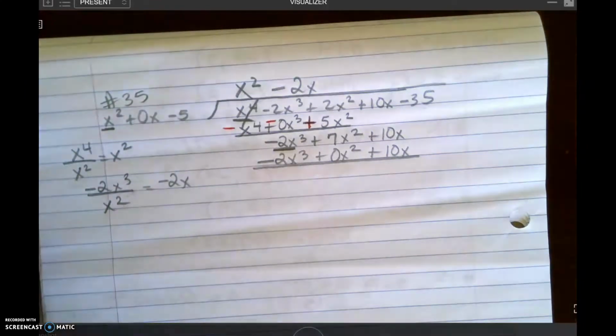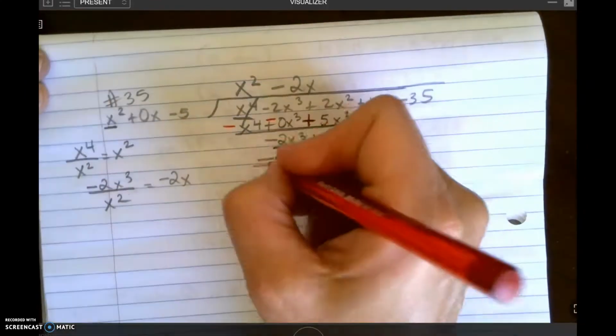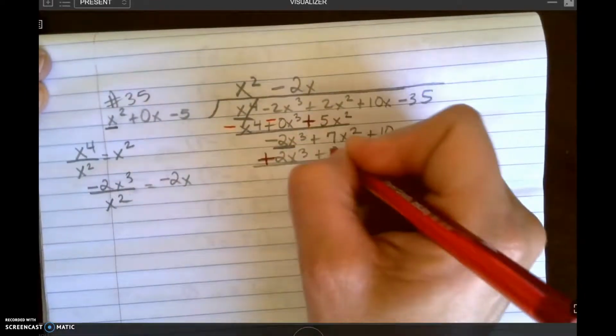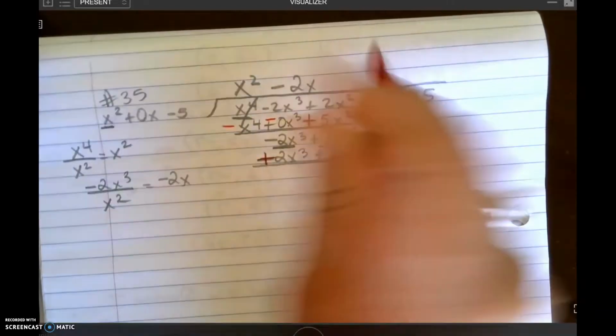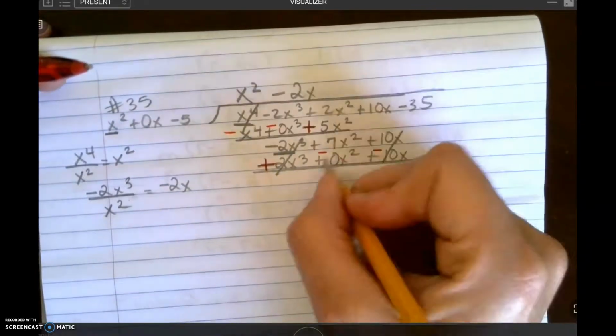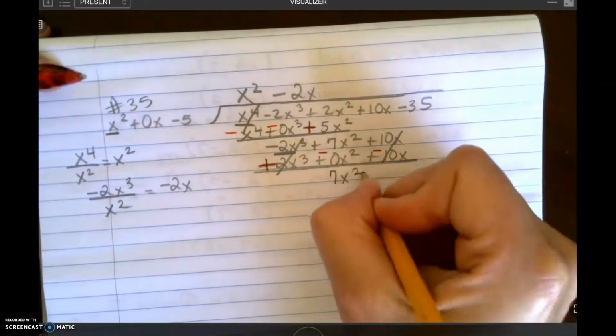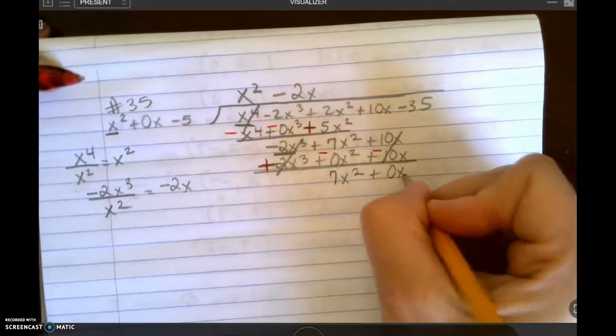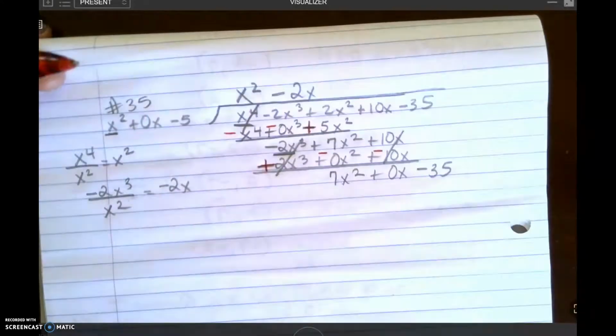Because I'm subtracting, I change my signs. This becomes plus, this becomes minus, this becomes minus. These cancel, so do these, and I'm left with 7x squared plus 0x minus 35.